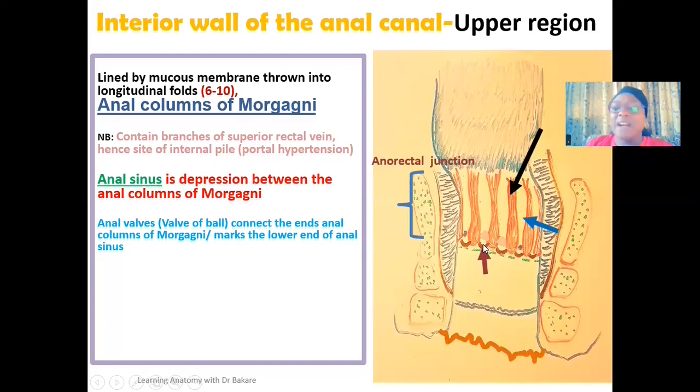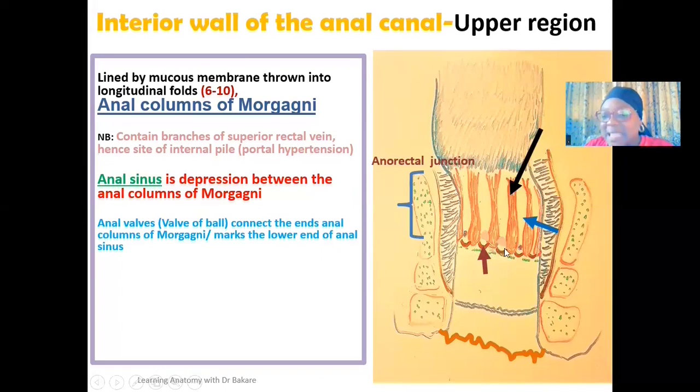The anal valve is at the lower limit of the anal sinus, just like a guide seen at the inferior limit of the anal sinus. It's also referred to as the valve of Ball. Some can say that it helps to hold the anal columns of Morgagni. It depends on how you want to view it. This is the anal column of Morgagni here arrowed in black, and this is another anal column of Morgagni.